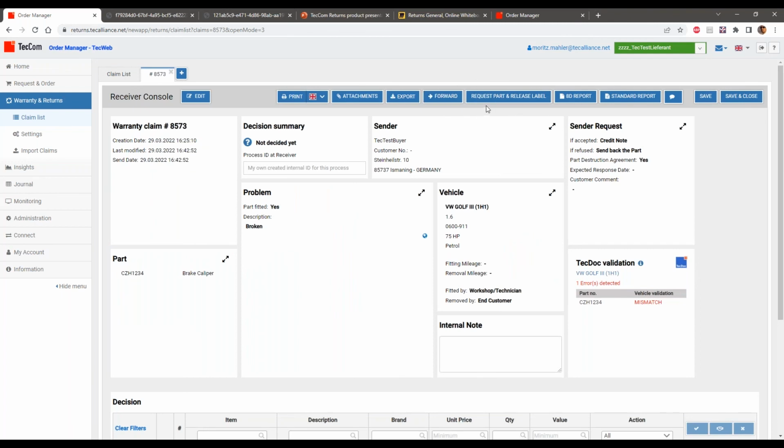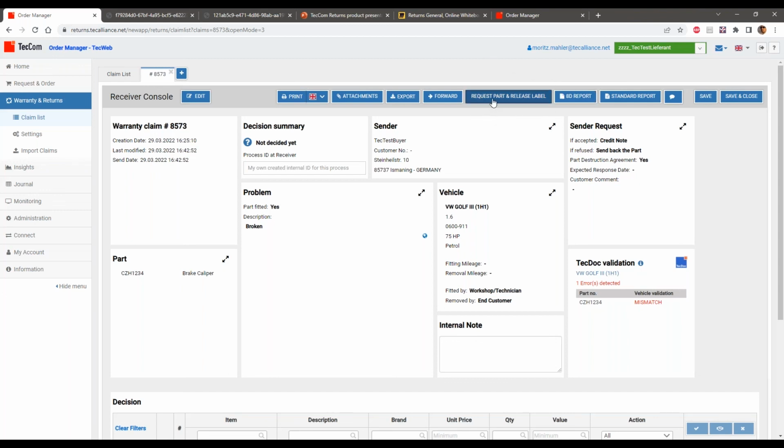We have here another button. We have here the possibility to request the part and release the label. So this is an addition, for example, to the text we have seen before. Please wait 5 working days until you send the part. As an addition, we could write, we will give you a label to send the part to us.